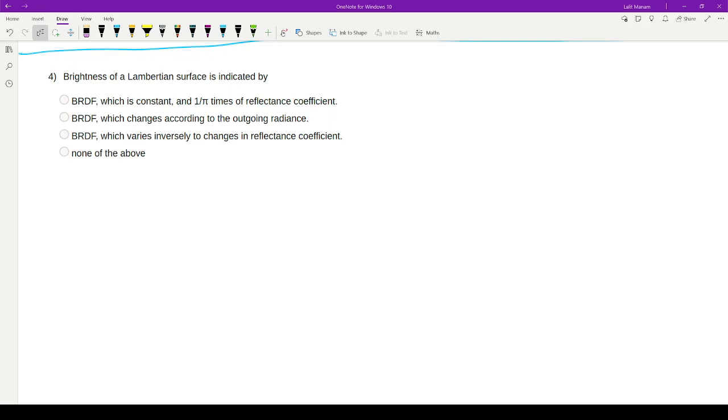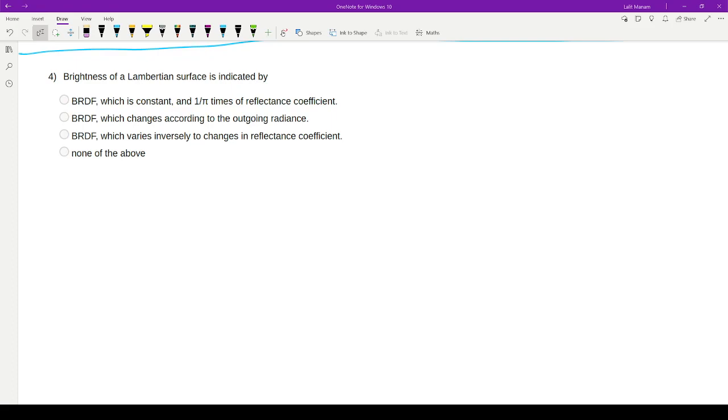A full form of BRDF at least? Bidirectional reflectance distribution function.